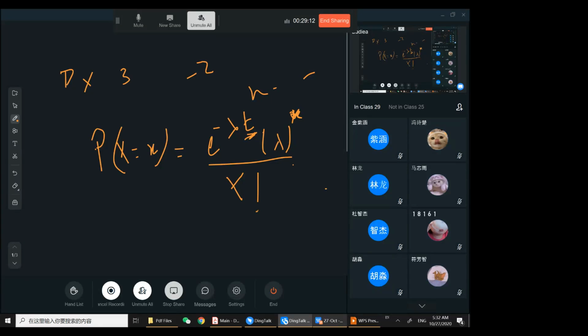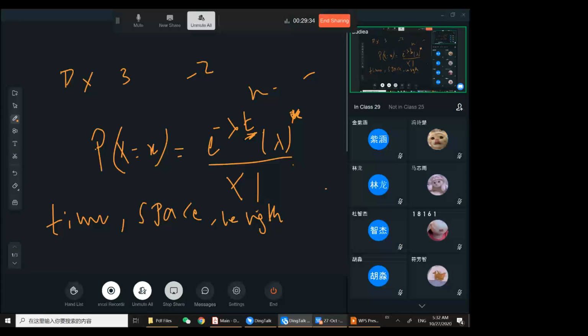In the Poisson process, the parameter is not only lambda, but lambda t. So the parameter from lambda becomes lambda t, where t can be time. Mostly it's time. You can also say it's space, or it can be any length or area. For example, when we talk about time, in a certain time, how many calls you receive, or on a certain day, how many accidents happen.